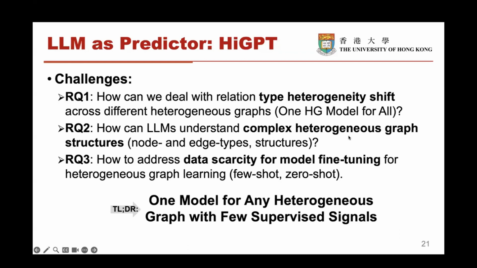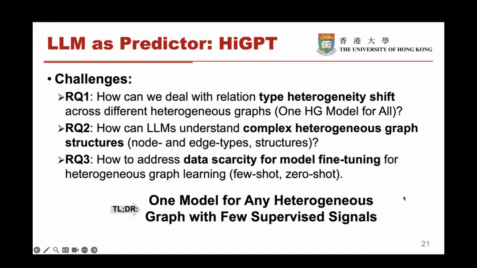So the third is how to address data scarcity for model fine-tuning for downstream heterogeneous graph learning. Recent heterogeneous graph models focus on few-shot settings, even one-shot settings, which means during training, only one sample per class is available for optimization.